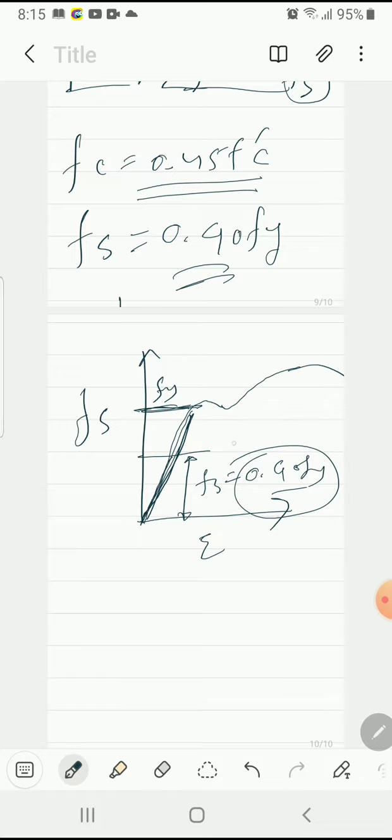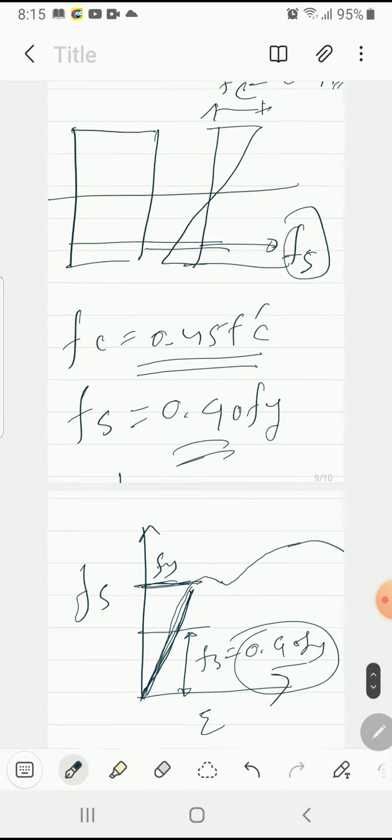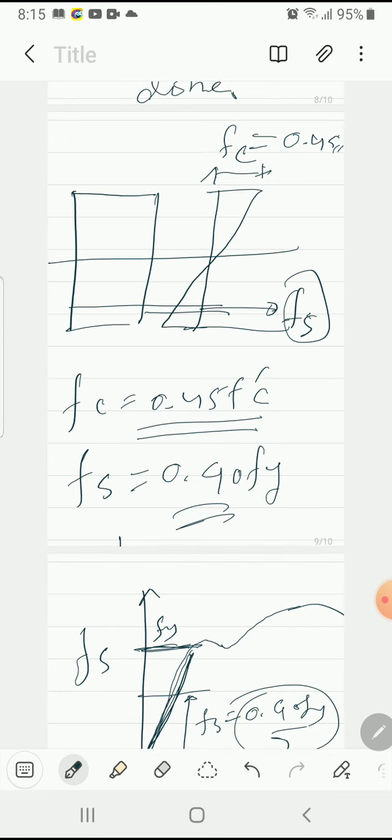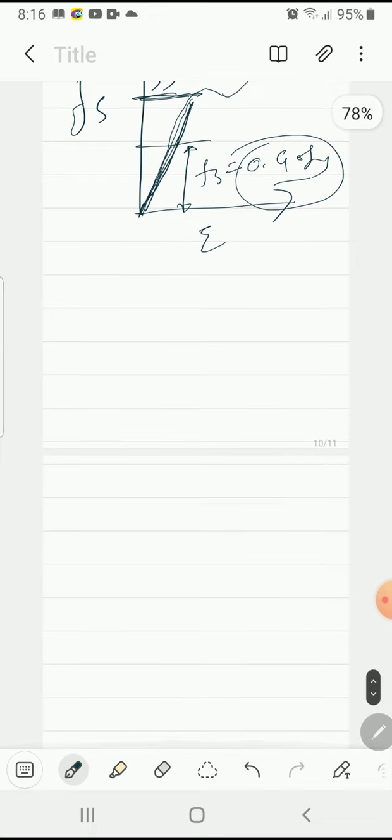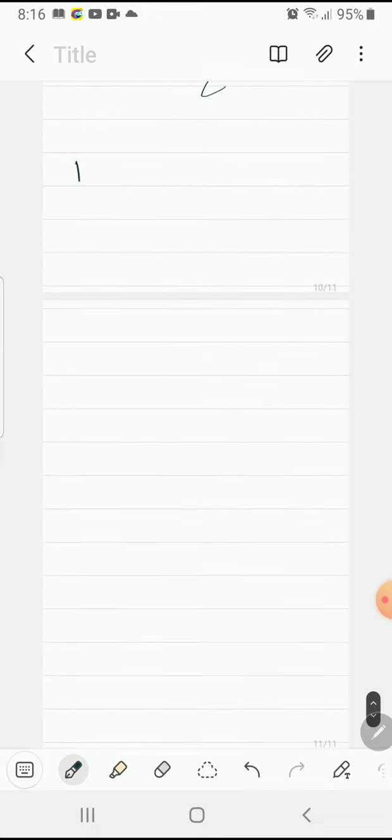Okay, that we limit the section in such a way and design and fix the proportion of the steel to the concrete area in such a way that Fs will not exceed Fy, and the compressive stress of concrete will not exceed F prime C. Okay, that's why this is called elastic behavior analysis, and based on this elastic behavior, the working stage design method is flawed.